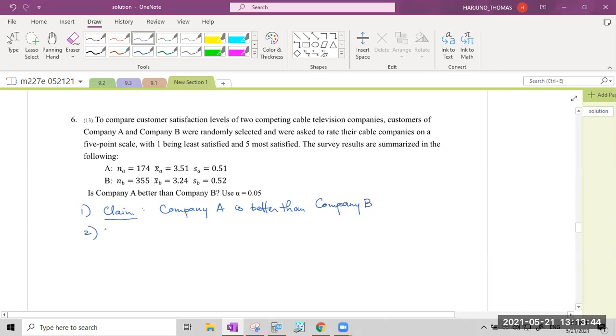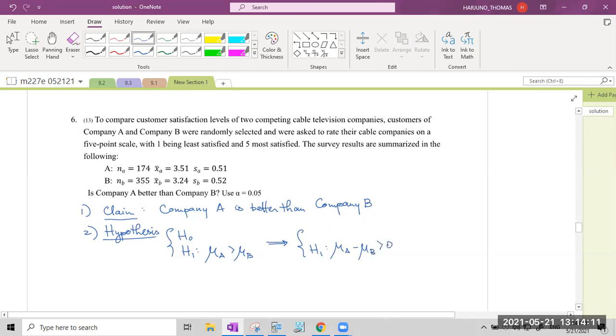Step 2, hypothesis. Null hypothesis, alternate hypothesis. This is mu A is greater than mu B. Because it is the independent case, then mu A minus mu B greater than 0.